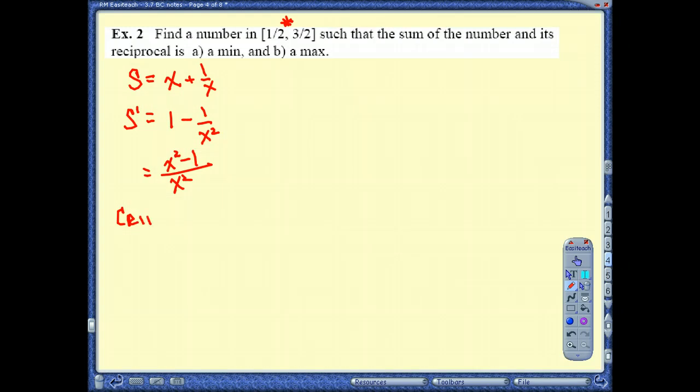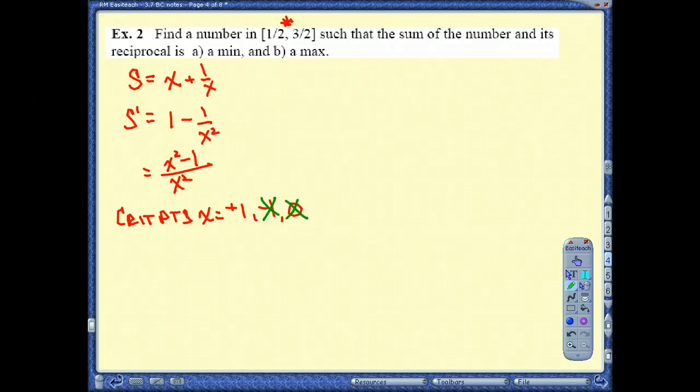I have critical points from where the numerator equals 0, which is going to be positive 1, negative 1, and from where the denominator equals 0, which is 0. Now look at your interval here. You're going from positive 1/2 to 3/2. So not all of my critical points are in that interval. In fact, this one isn't and this one isn't.